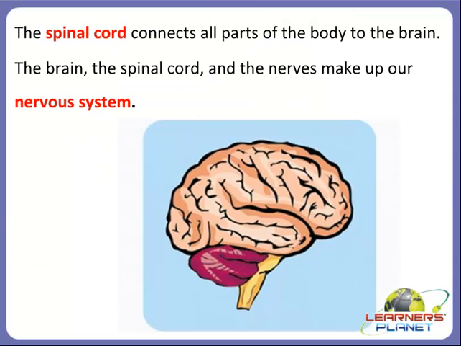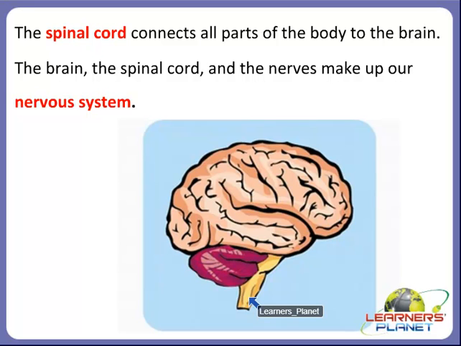So children, always remember that there is this yellowish color in the picture. What is this? This is the spinal cord. The spinal cord connects all the parts of the body to the brain.